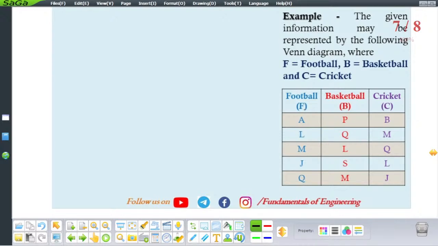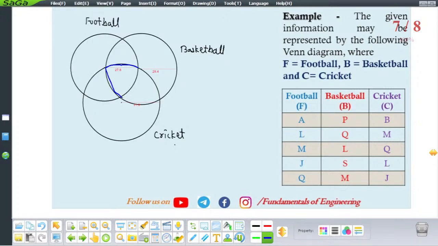So this will be the third circle for cricket. So we have drawn three circles. So first of all, common in all three means this will be the area, common in three.